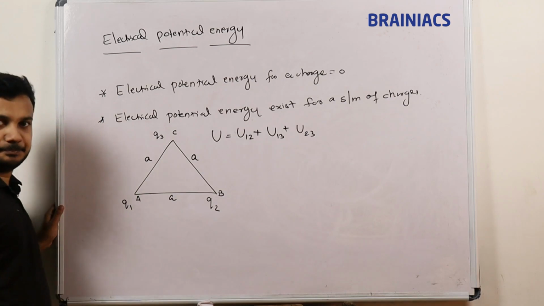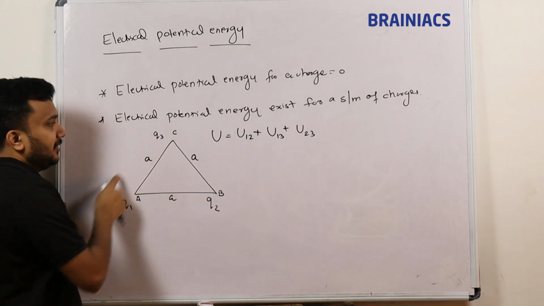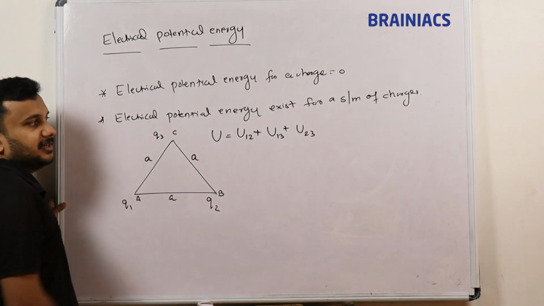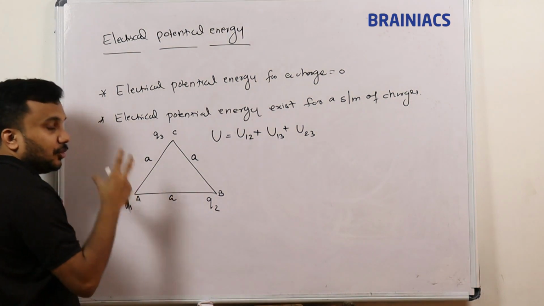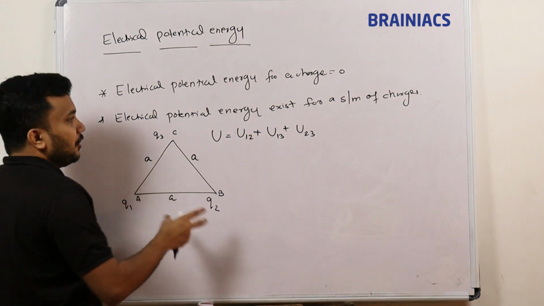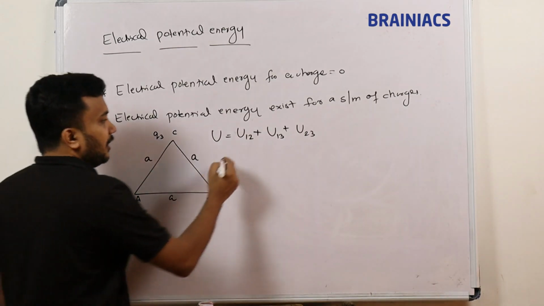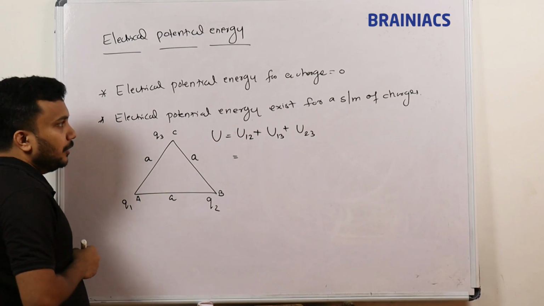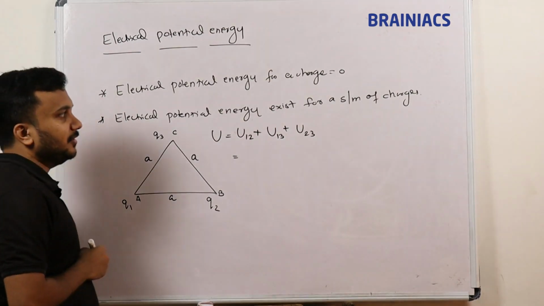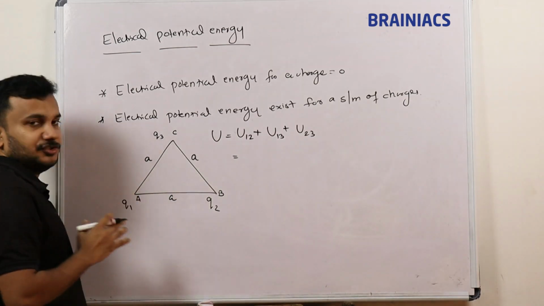Anything else? Nothing. All the combinations are taken. So adding the potential energy due to the two-charge systems all together, we get a single potential energy of the system: U12 plus U13 plus U23.